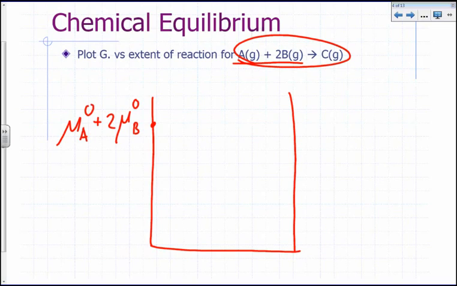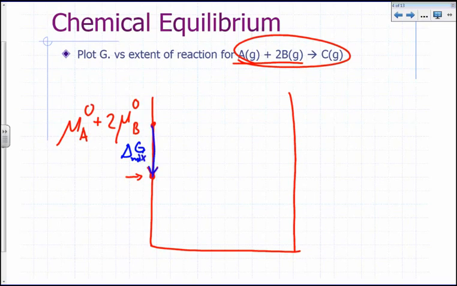That's before mixing. Then once you mix the two, that is going to drop before any reaction can occur. So this drop right here would be delta G of mixing.